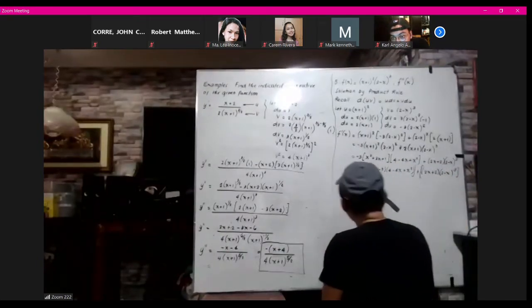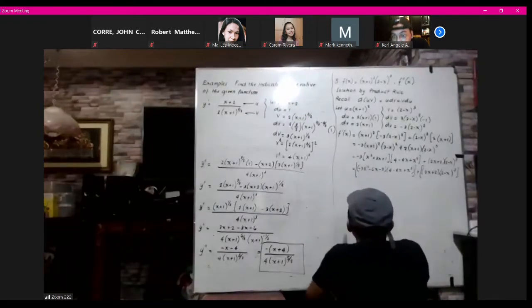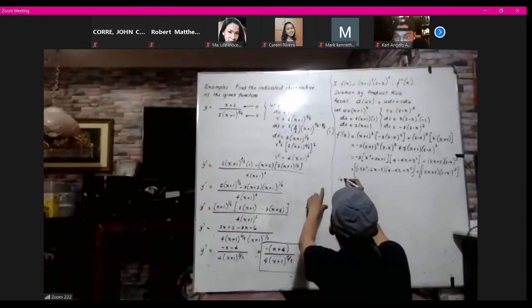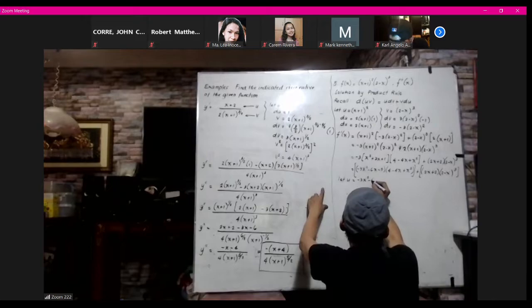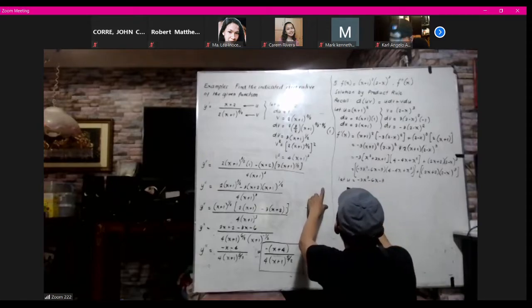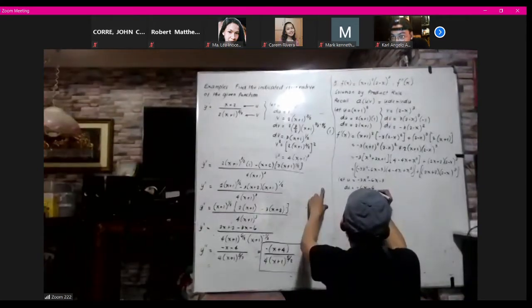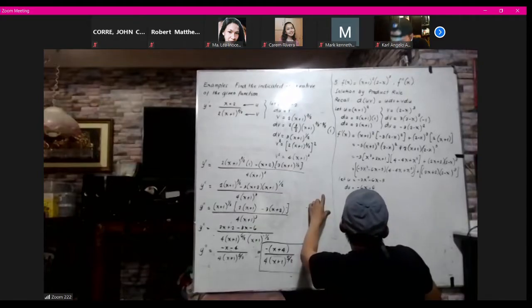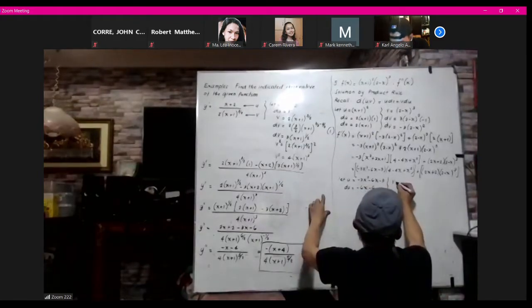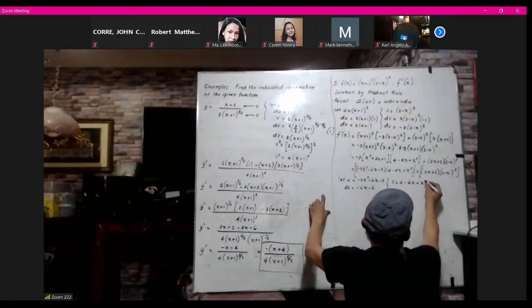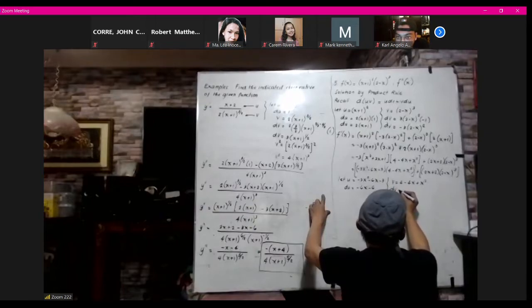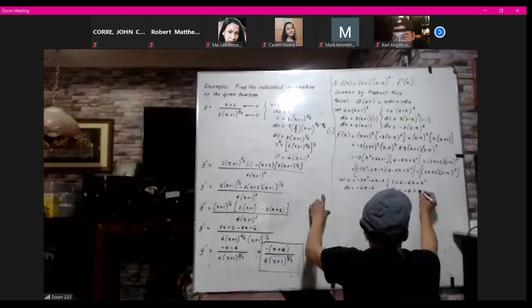So, sa first term natin, mag-let tayo ng u. Okay? So, let u equals negative 3x squared minus 6x minus 3. Derivative natin ng u equals negative 6x minus 6. Yan. Okay. Then, how about our v? Ang v natin is 4 minus 4x plus x squared. Derivative natin ng v equals negative 4 plus 2x.